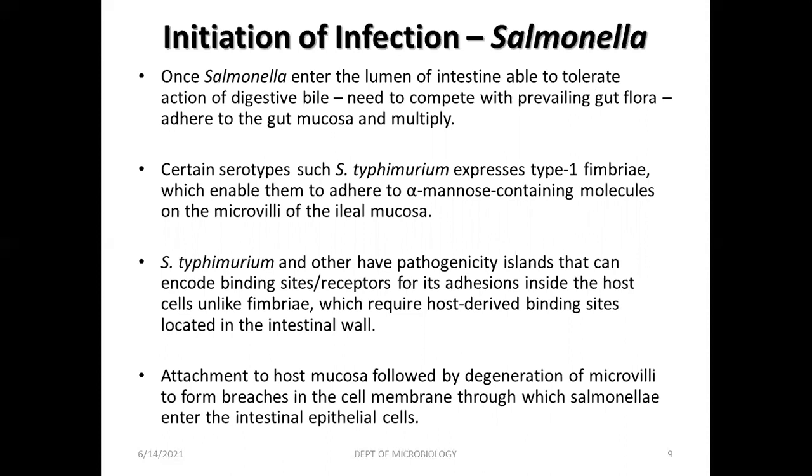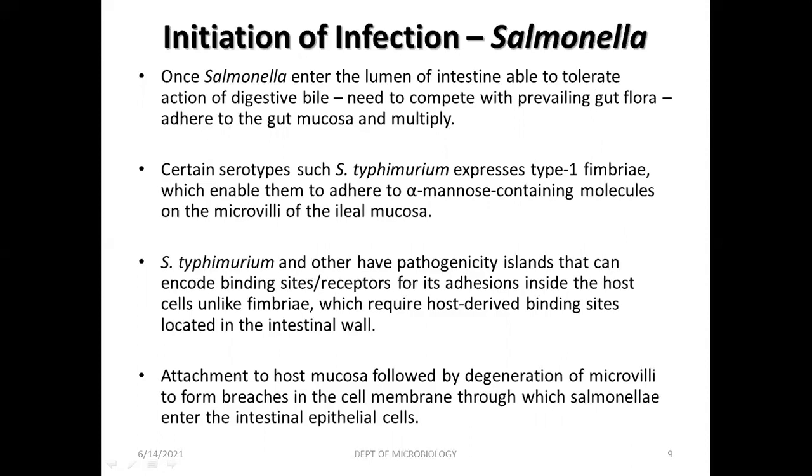Once these Salmonella organisms enter the lumen of the intestine, they are able to tolerate the action of digestive bile, but at the same time they need to compete with the prevailing gut flora. They have to compete with that to set up the infection at that particular place. Therefore, they have to adhere to the gut mucosa and multiply at that site.